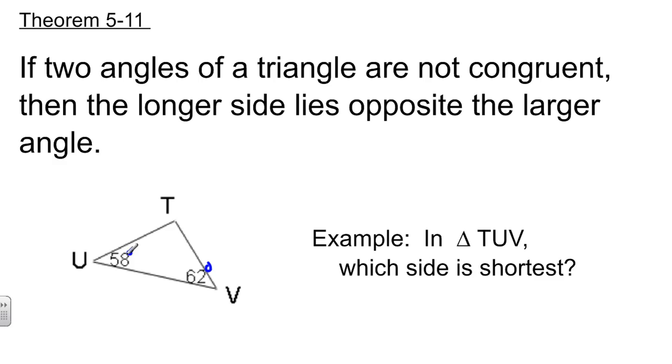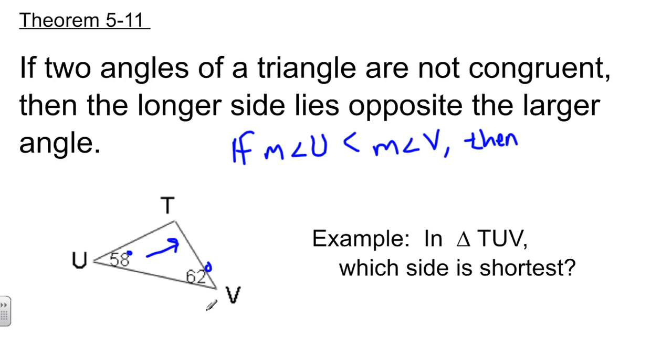So that means if the measure of angle U is less than the measure of angle V, then this theorem says that the side opposite that smaller angle, which is TV, has to be less than the side opposite the bigger angle, which is UT. Okay, that's all it says. It doesn't give us an actual measure. It doesn't tell us anything more than that.